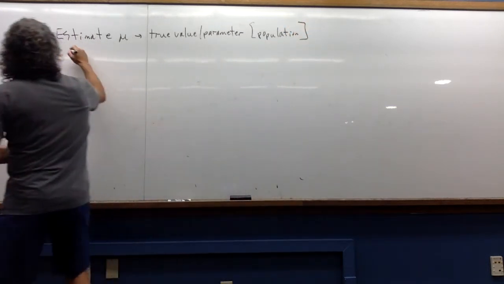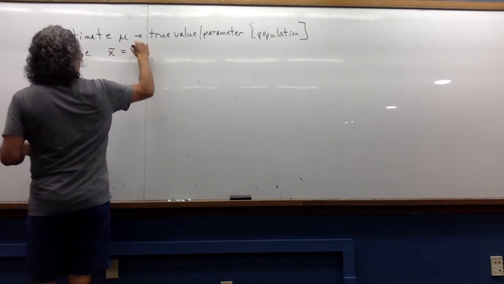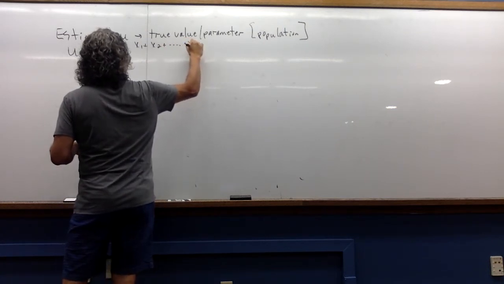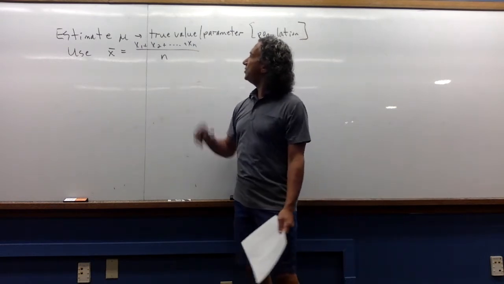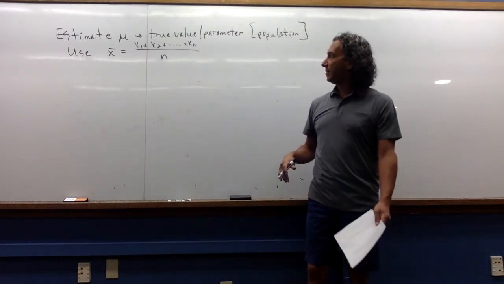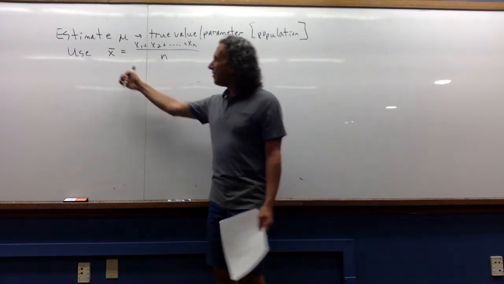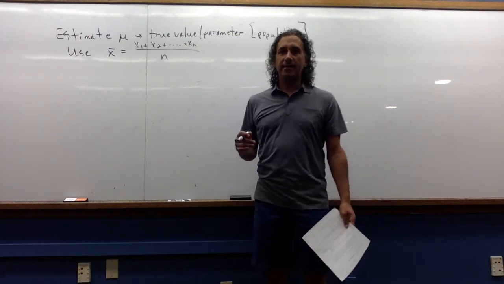What you could do is you could use x bar, where x bar is x1 plus x2 plus up to xn, divided by n, adding these guys up. So here I'm using little x bar because this is a specific measurement that I'm taking.